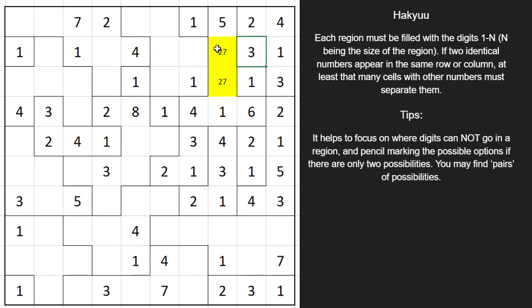Well, this 3 blocks those. Not super helpful. 4s. This 4 blocks those cells. This 4 blocks this cell because there's only 3 in between. So the 4 is forced to go down here. That's helpful. And 5s. Well, this 5 blocks those. So 5's forced down here.